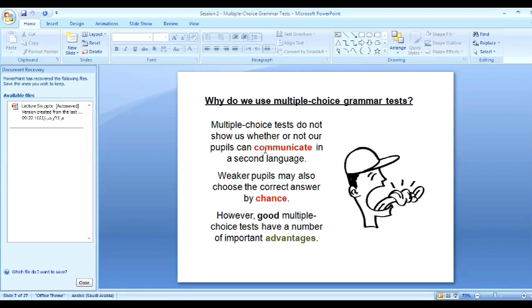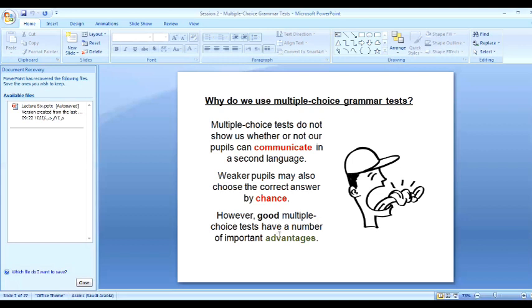We are testing them on grammar, not how they communicate. Also, weaker pupils may choose the correct answer by chance, and this could be a disadvantage. However, good multiple choice tests have a number of important advantages.